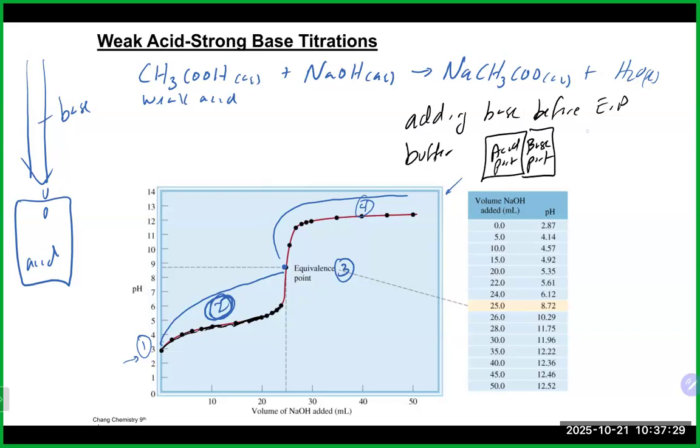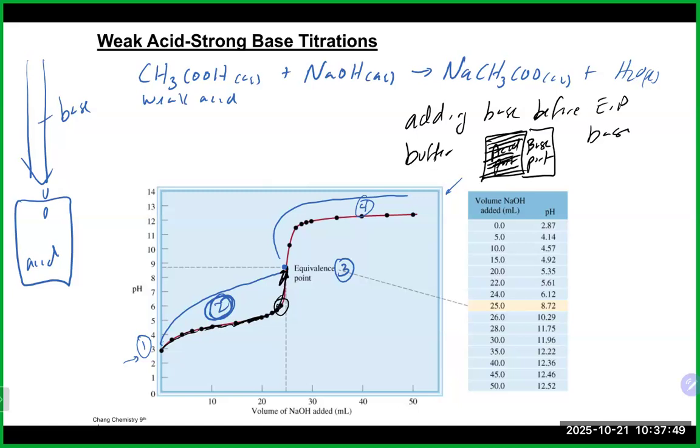But once I continue to add base to this, it is just going to start to eat up my acid part of my buffer, right? And at some point, I'm going to blow right through the buffer I made. And that is right about there, right? You can start to see a rise in pH and a big jump to the equivalence point here.